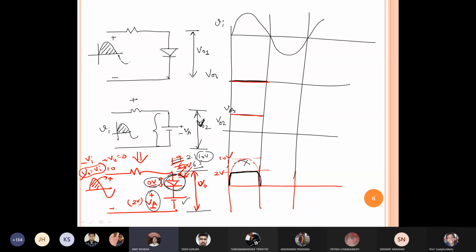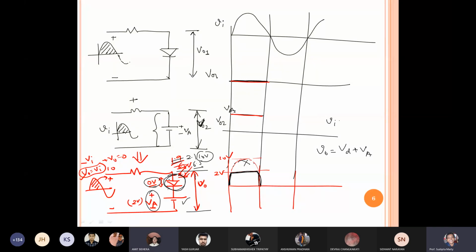Here we are taking a battery of 2 volt behind the diode. What is the output voltage? V naught is VD plus VA. Agree?